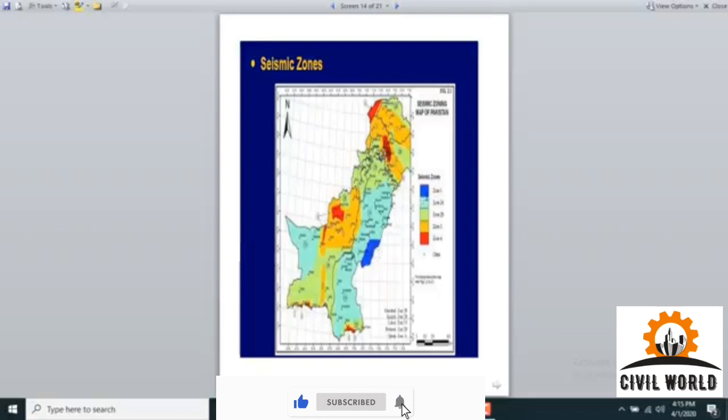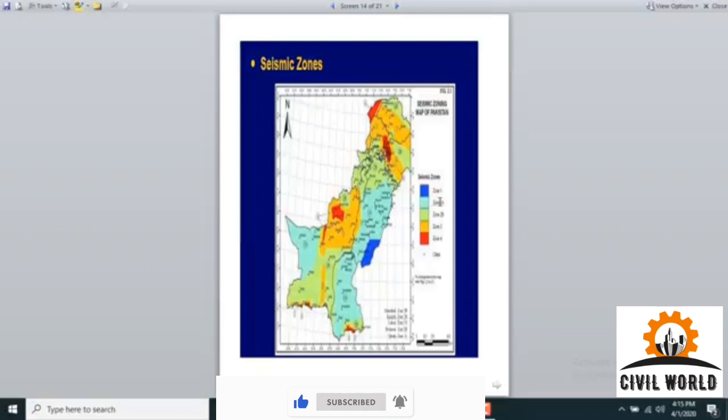So based on that, zone 1 is also called the non-seismic zone. It rarely exists in Pakistan, and you can see it's not more than 2 or 3% of the area of the whole country.